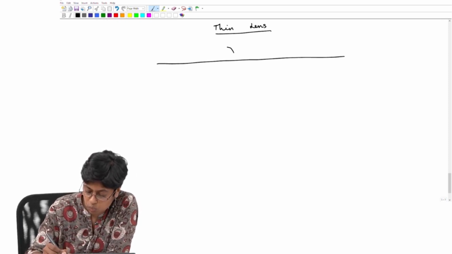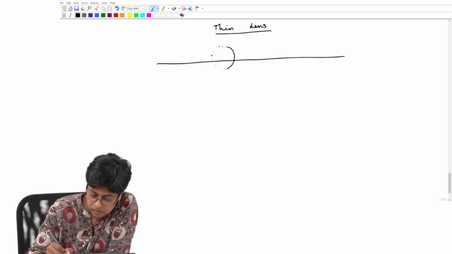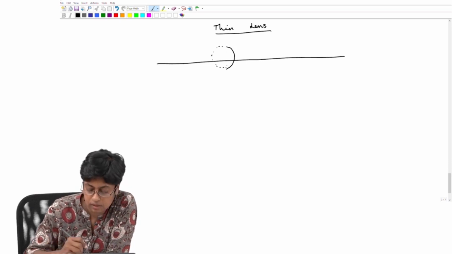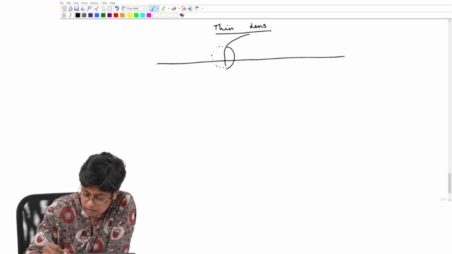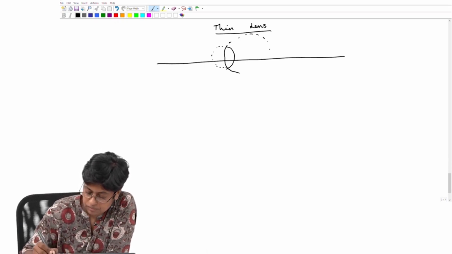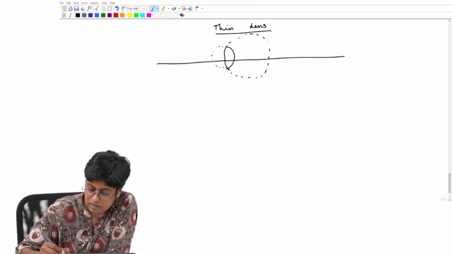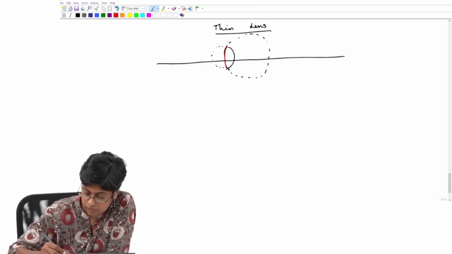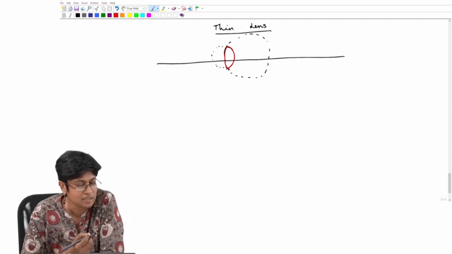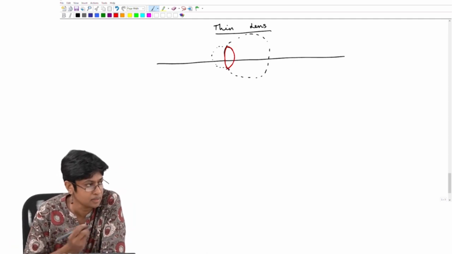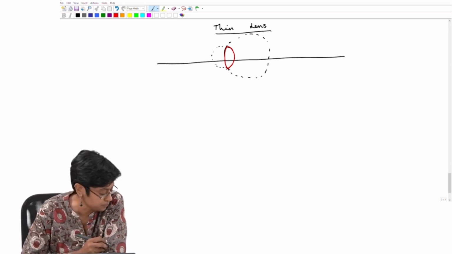Say this is one interface, remember, it is part of a sphere or circle, and this is another. So, this is the lens. This is all that we are going to use. One side has radius of curvature R1, the other has radius of curvature R2.